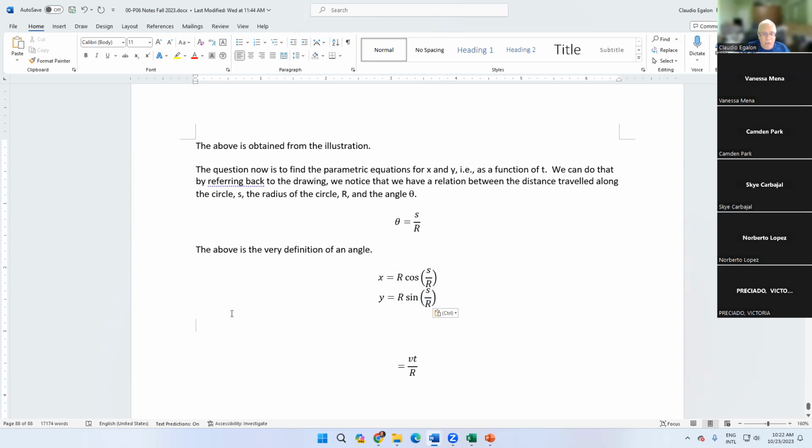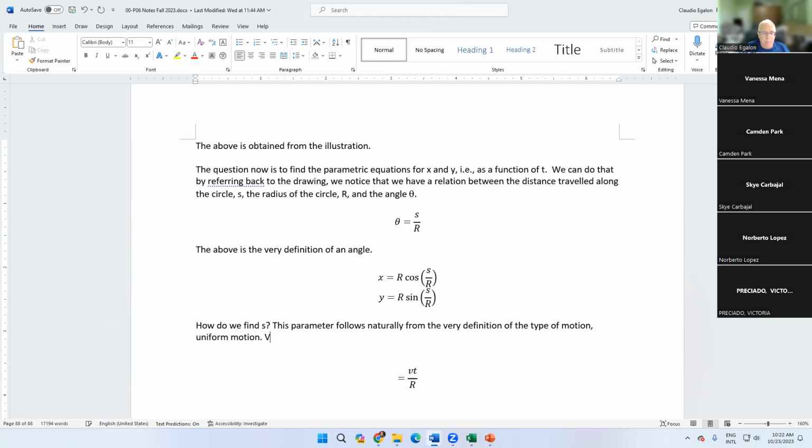And the next question, how do we find S? Well, this follows naturally from the very definition of the type of motion. Don't forget this is uniform motion.